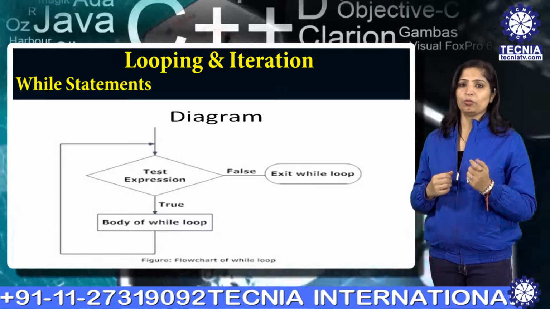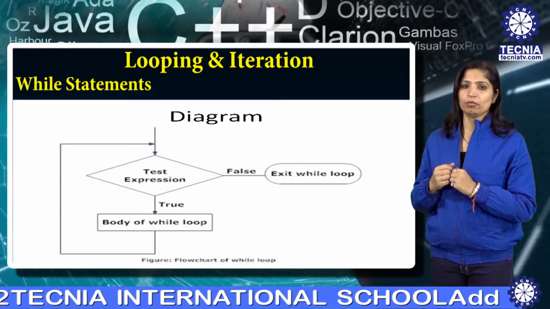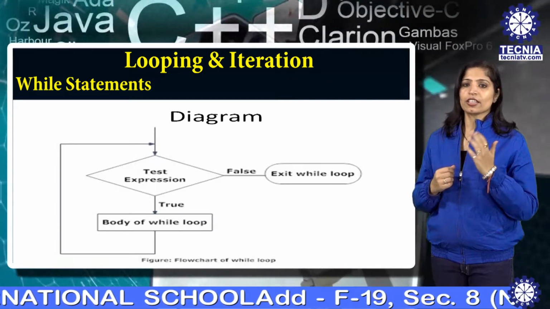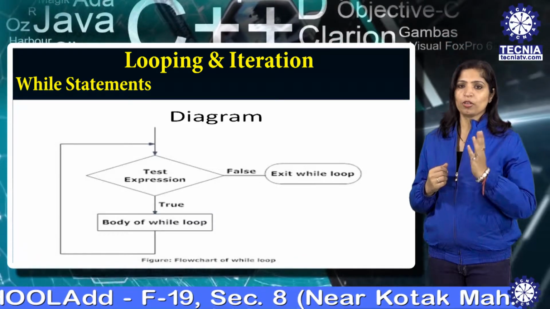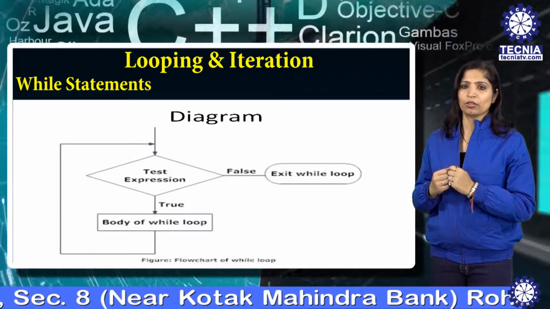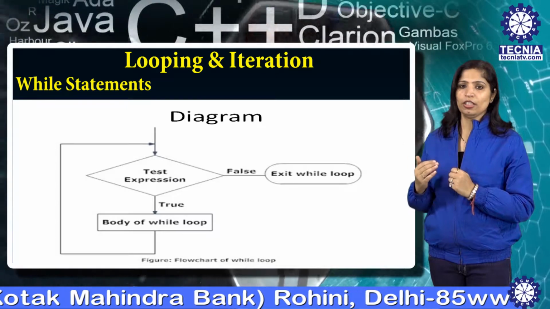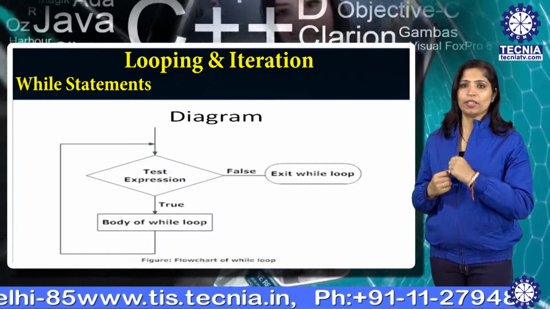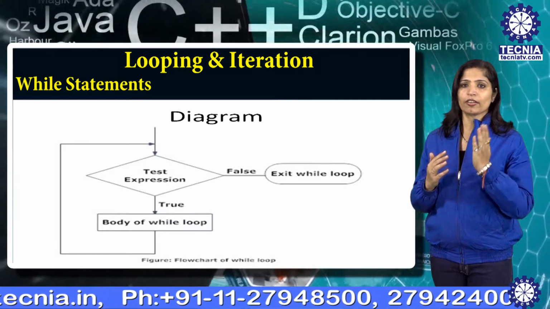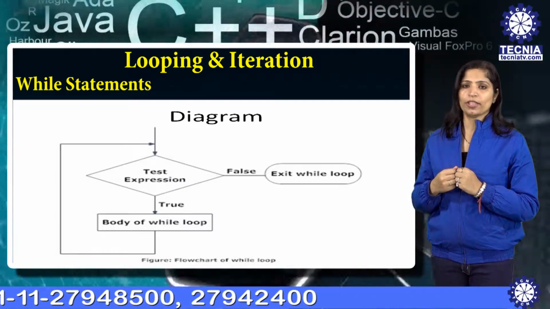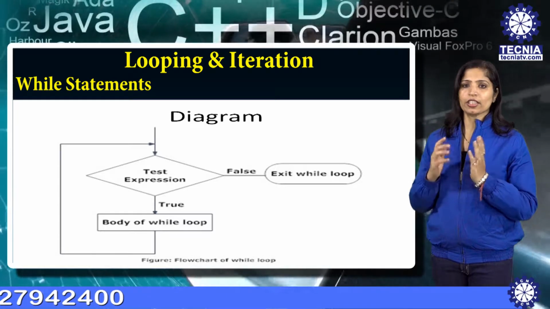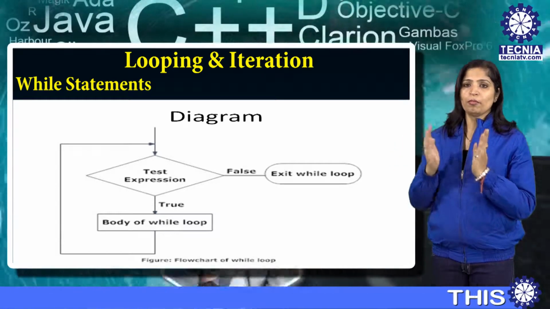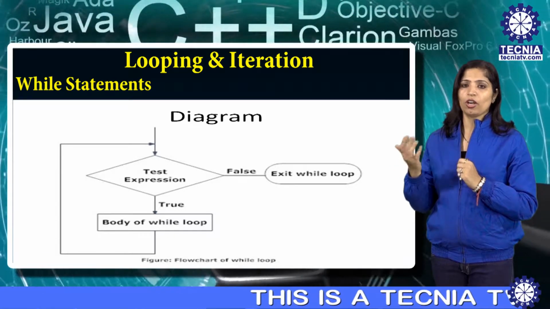The points to be noted about the while loop: the first is that the statement within the while loop would keep on getting executed till the condition being tested remains true. The second is that the condition being tested may use relational or logical operators. The third point is that the statement within the loop may be a single line or a block of statements.